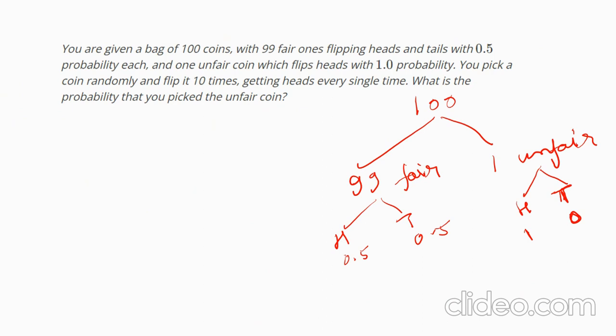Now, we are picking a coin randomly and flipping it 10 times, and we are getting the head every single time. Then we want to find the probability that it came from the unfair coin.